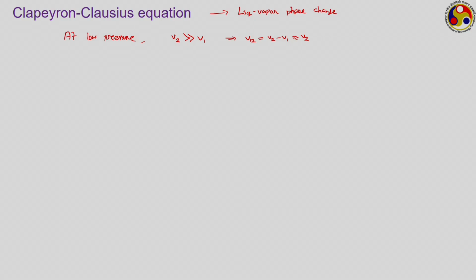As the pressure keeps on approaching absolute zero pressure, the behavior of vapor also approaches that of an ideal gas, and therefore we can approximate this by the ideal gas equation, which is R into the saturation temperature by the corresponding saturation pressure, or if we just drop the subscript, just RT by P. So, if we now invoke the Clapeyron equation, where we had dP/dT saturation equal to H12 by T sat into V12, then using this approximation at low pressure, V12 we are replacing.